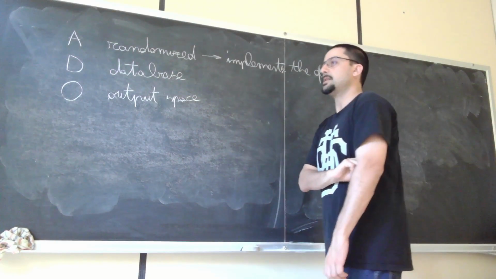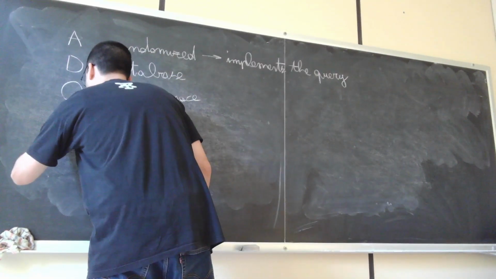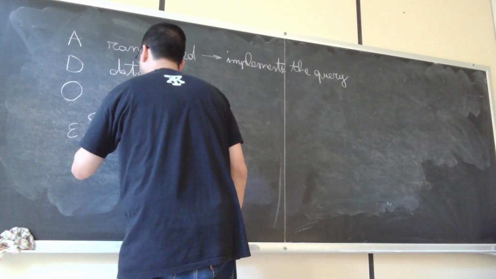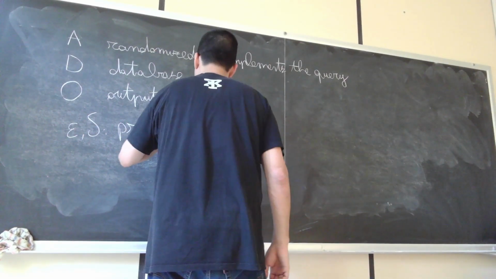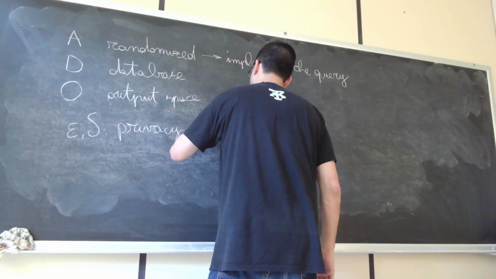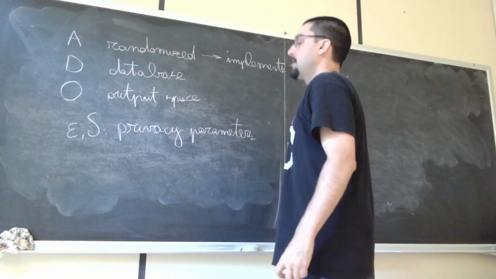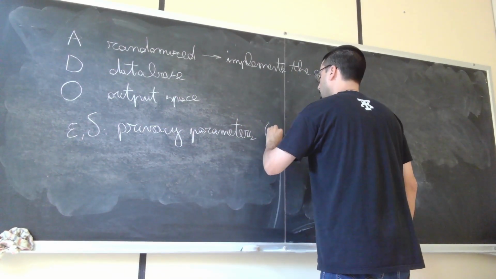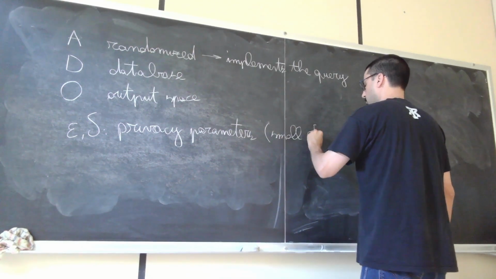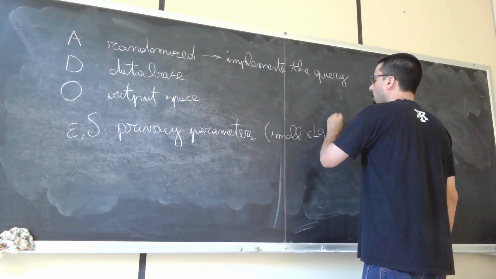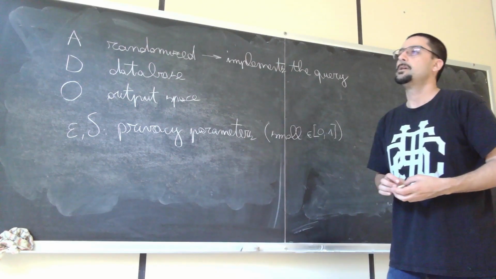Then we have two small parameters, epsilon and delta. They are called privacy parameters, and these need to be small, in the interval between 0 and 1, but usually much smaller than 1.